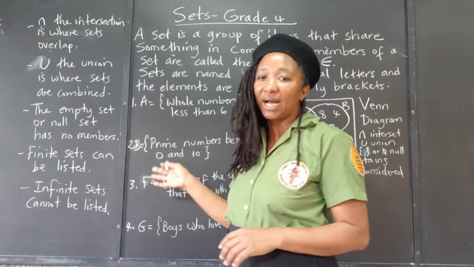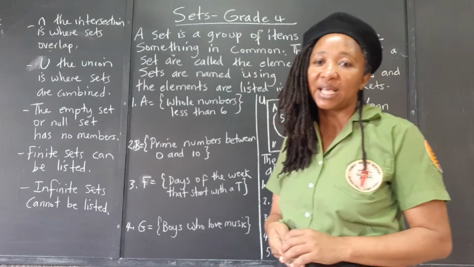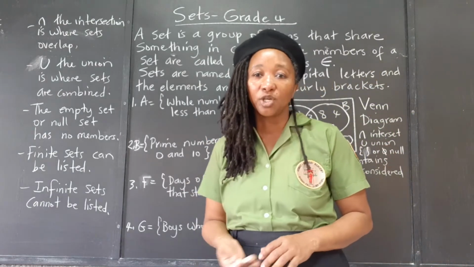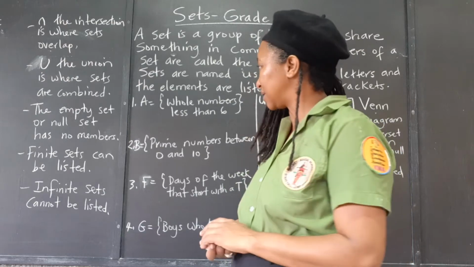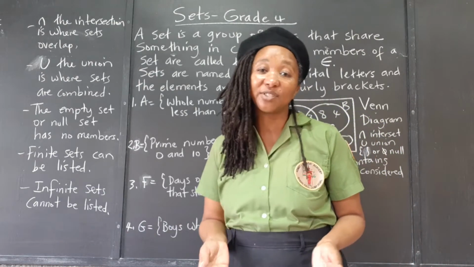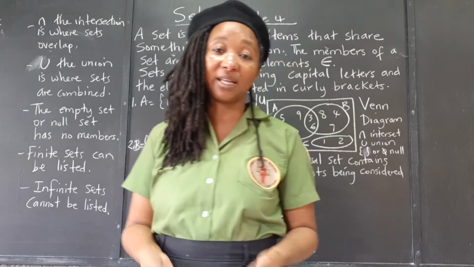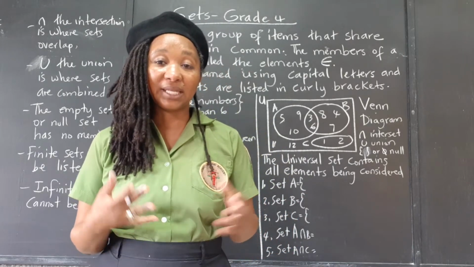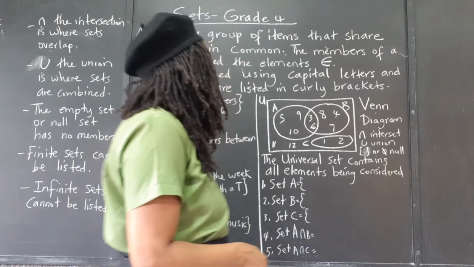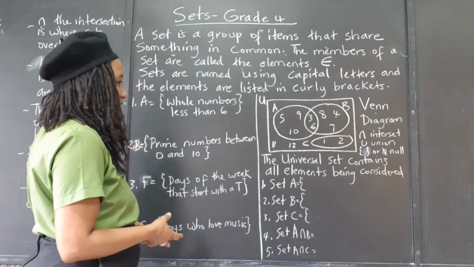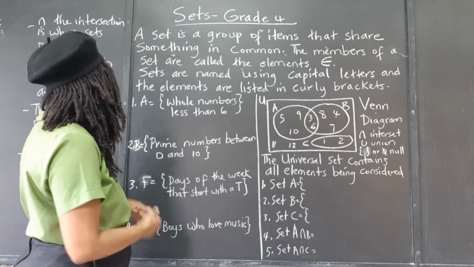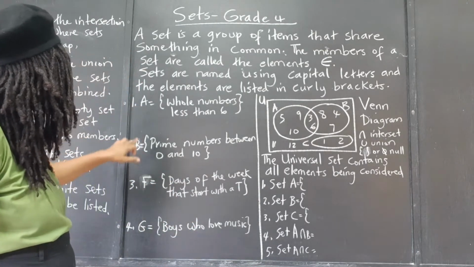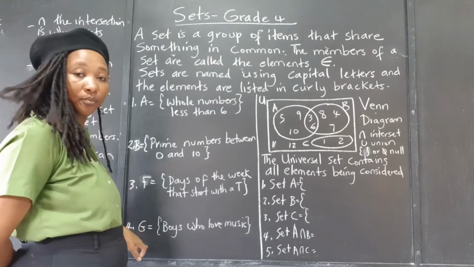Once things share a particular trait, we can put them in the set, and they become elements or members of that set.